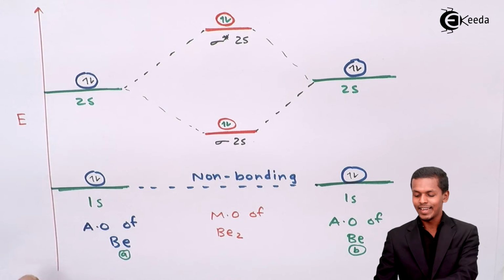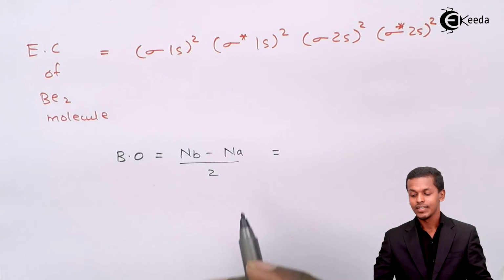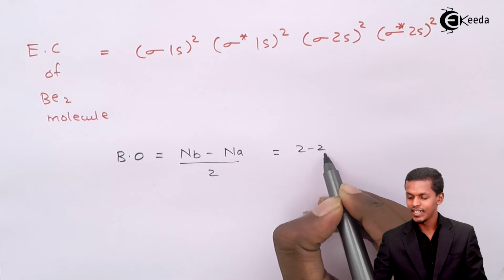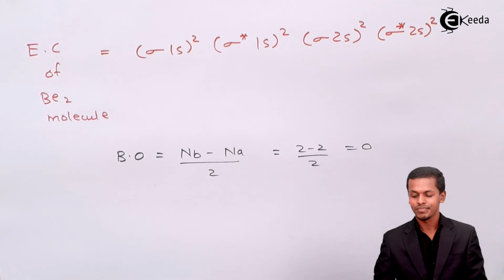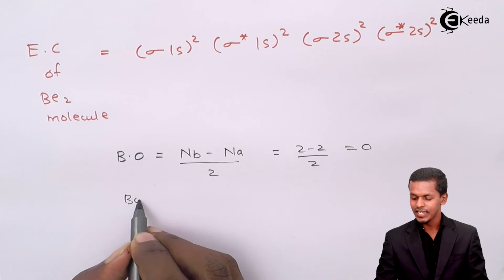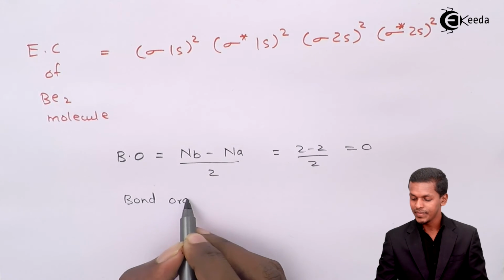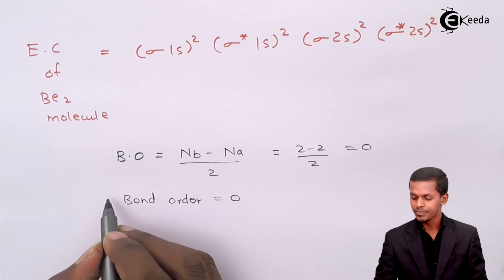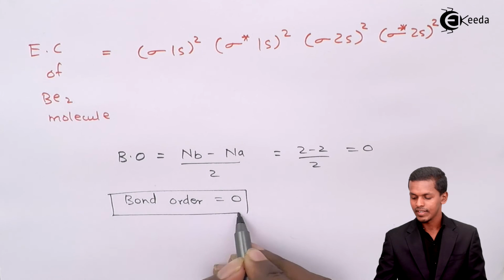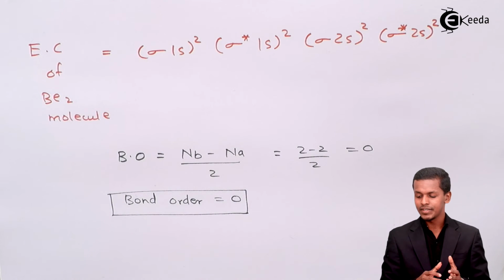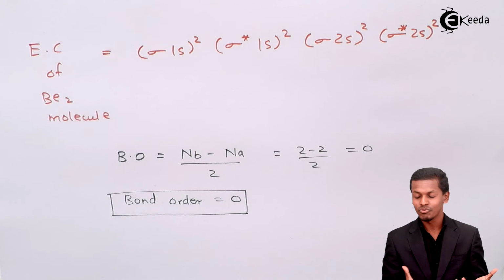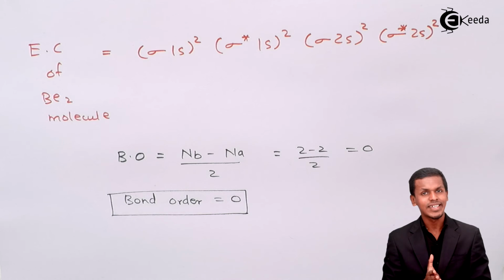So 2 minus 2 divided by 2 makes 0. So the bond order for the beryllium molecule is 0. This indicates that there is no bond between the two beryllium atoms, and that is what the bond order tells us.